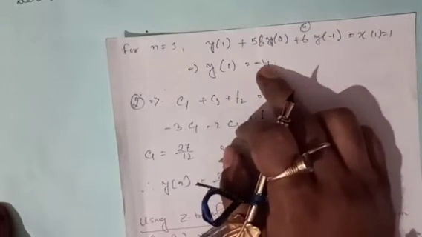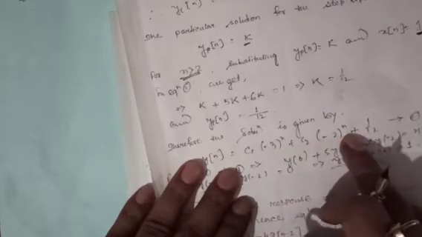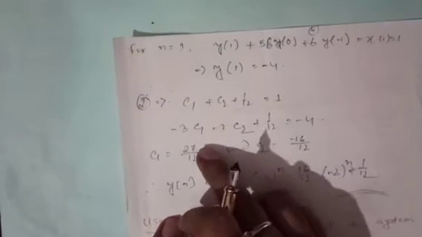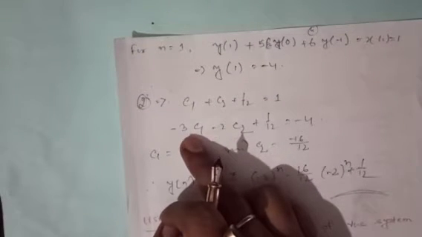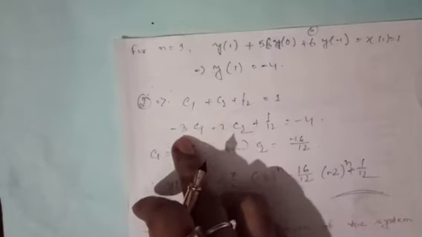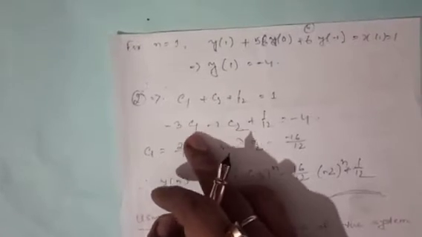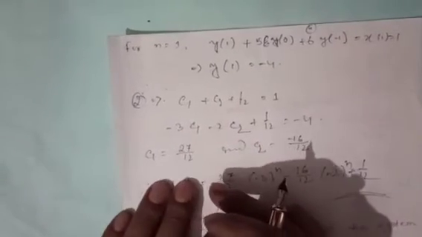So from the previous solution, C1 times minus 3 to the power n plus C2 times minus 2 to the power n plus 1 by 12, what we get is y of 0 equal to 1 and y of 1 equal to minus 4.